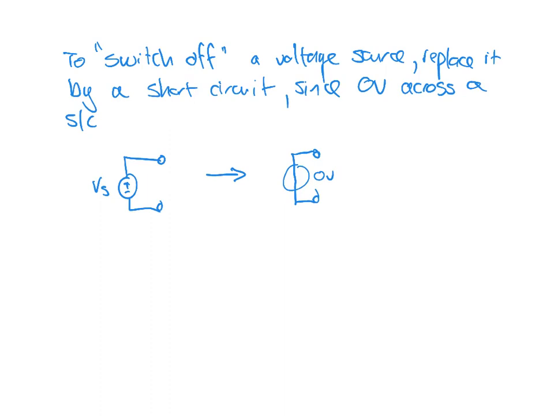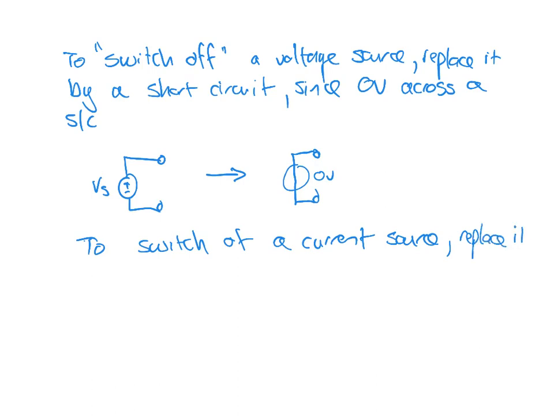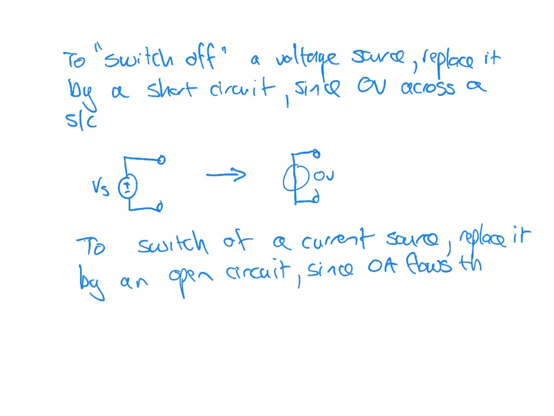And to switch off a current source, we replace it by an open circuit, since zero amps flows through an open circuit.